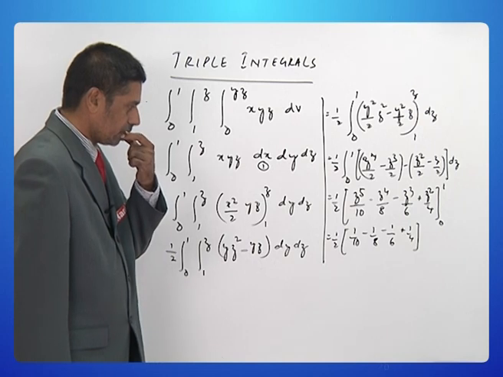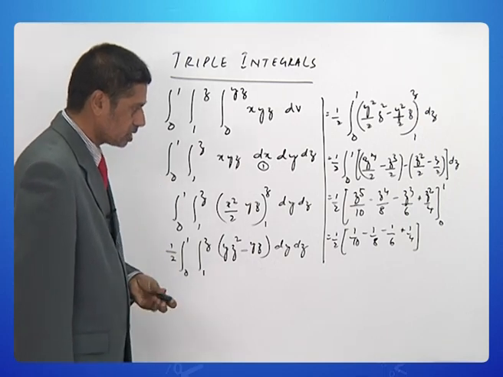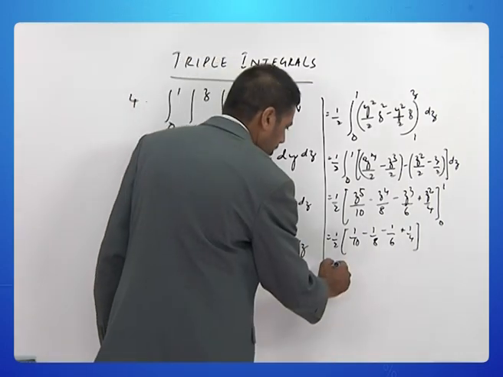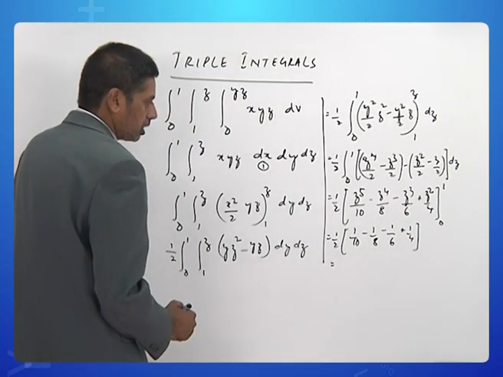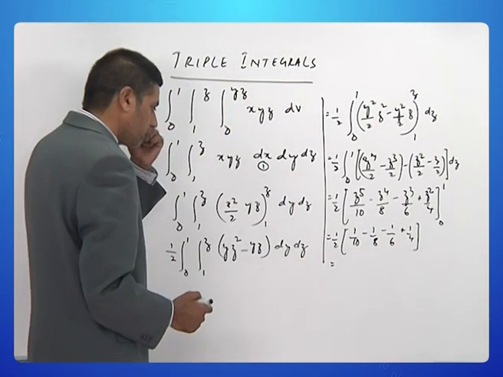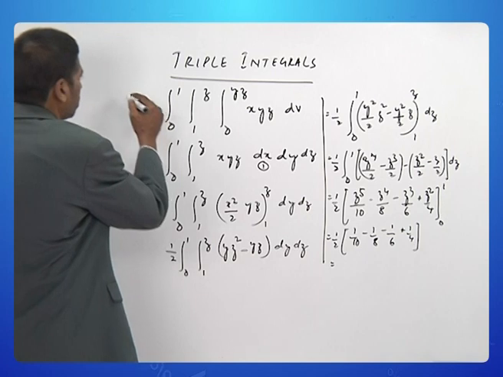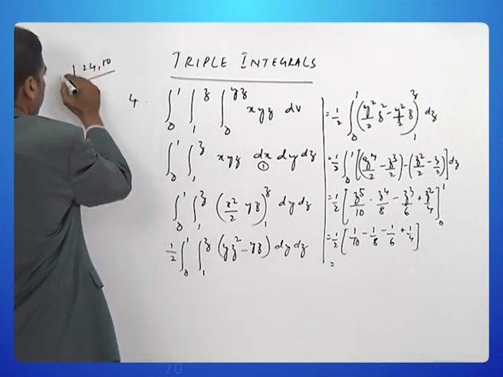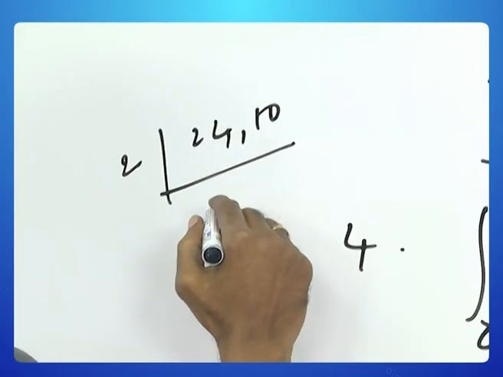So if you can evaluate the LCM of these numbers. So let's look into the 8, 6 and 4. The LCM would be 24. So the LCM of 24 and 10 will be 120.